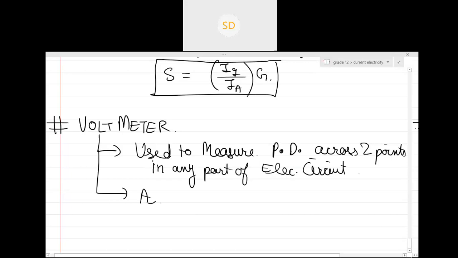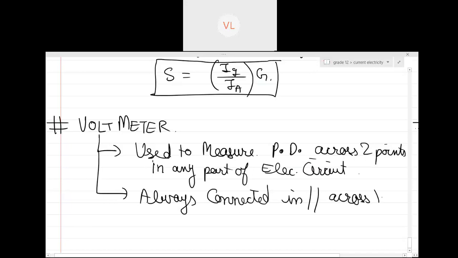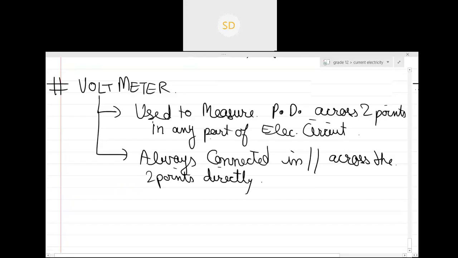It is always connected in parallel. We connect it directly across the 2 points where we need to measure the potential difference, right? So that becomes a parallel connection.